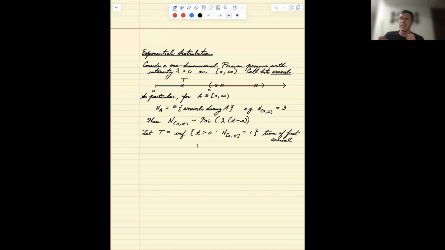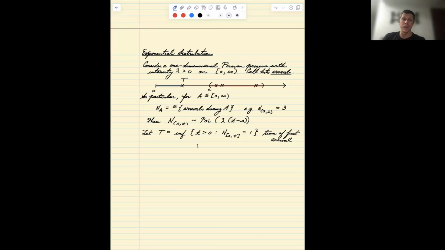The number of arrivals that have occurred since zero is only going up. Every time an arrival occurs, the number ticks up, and then it stays the same for a while, and it ticks up again, and again. So the number starts at zero, and at some point it hits one, and that's what we call the time of the first arrival.